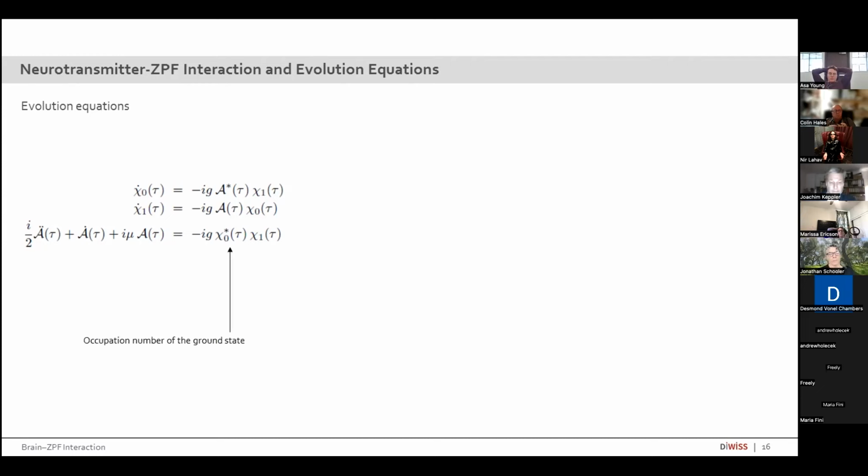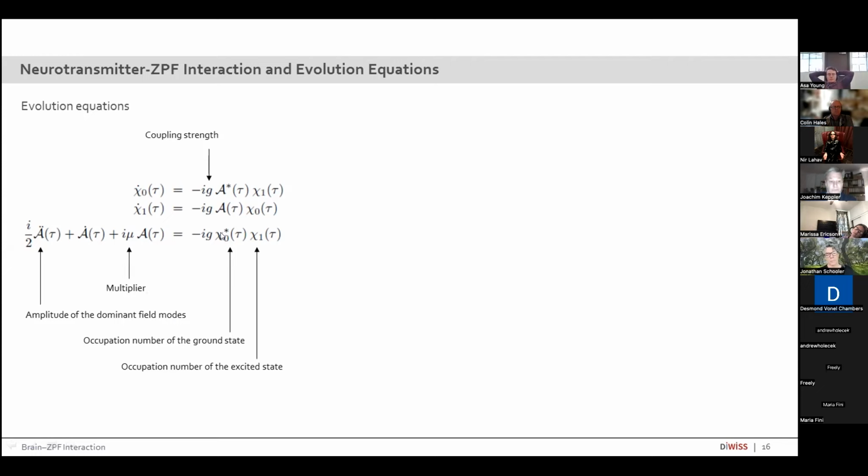The main quantities that go into these equations are, first of all, the occupation number of the ground state of the neurotransmitter molecules and the occupation number of the excited state of the neurotransmitter molecules. We have the A, which stands for the amplitude of the resonant field modes. These are the field modes that interact with the neurotransmitter molecules. We have the coupling strength between the zero-point field modes and the system, the neurotransmitter system.